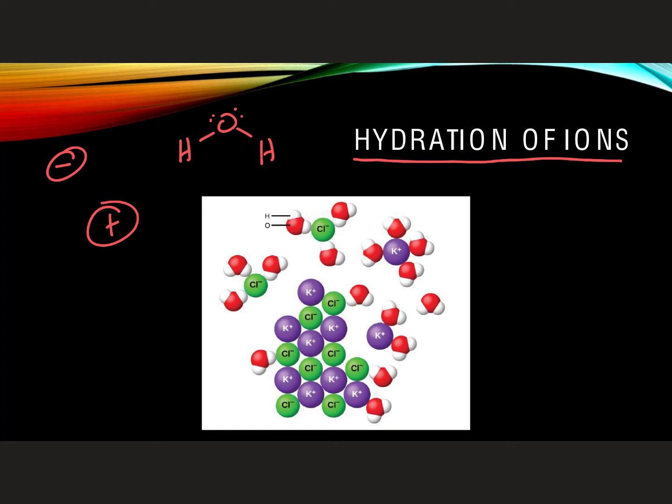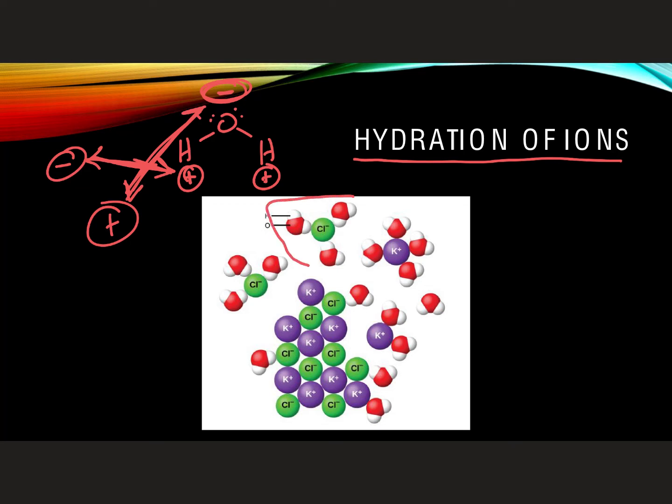Oxygen is more electronegative, so we've got a negative partial charge at the top of the molecule, which leaves the hydrogens as partially positive. So when you get these charged ions floating around inside this polar water, the negative ions are going to interact with the hydrogen atoms, and the positive ions are going to interact with the oxygen atoms.